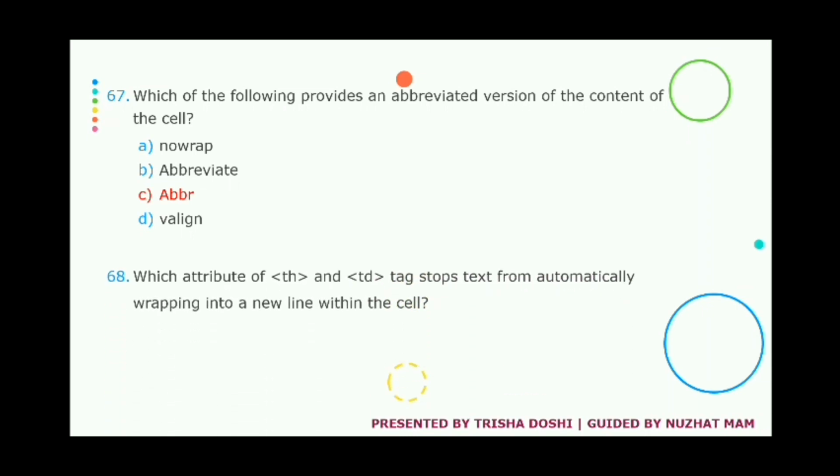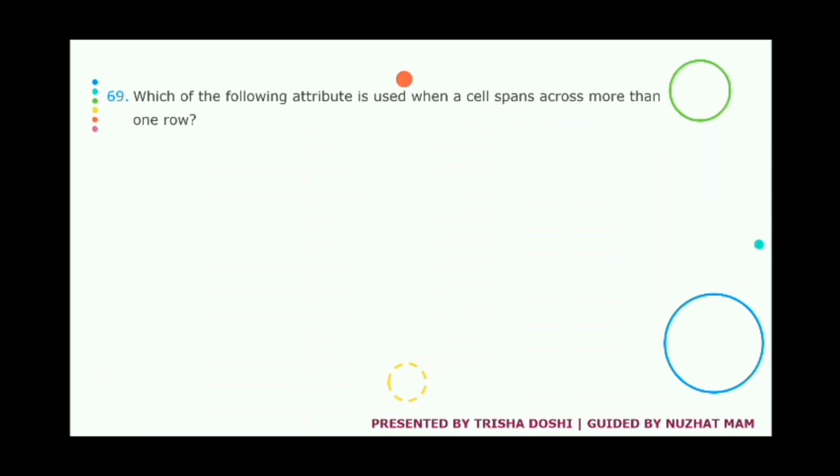Question 68. Which attribute of th and td tag stops text from automatically wrapping into a new line within the cell? A no rep, B abbreviate, C ABBR, D v-align. The correct answer is A no rep. Question 69. Which of the following attribute is used when a cell spans across more than one row?